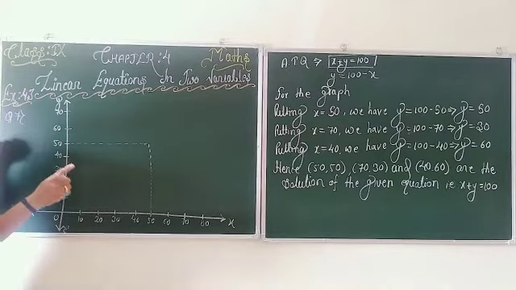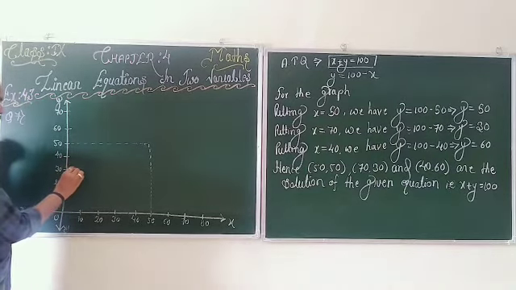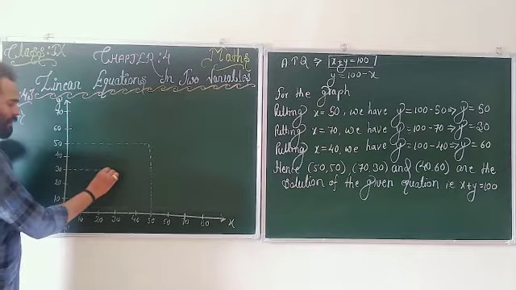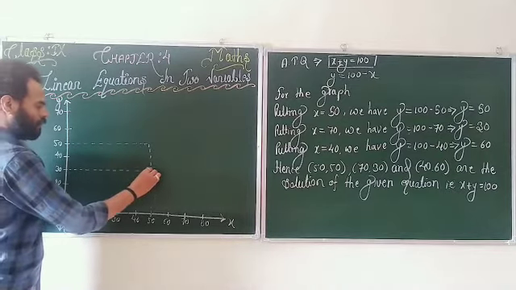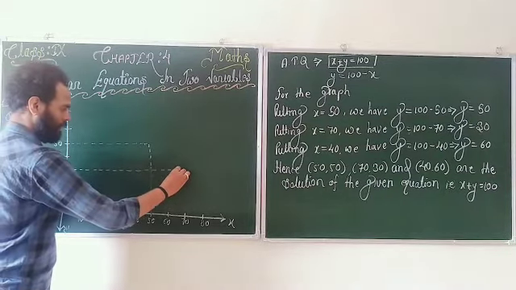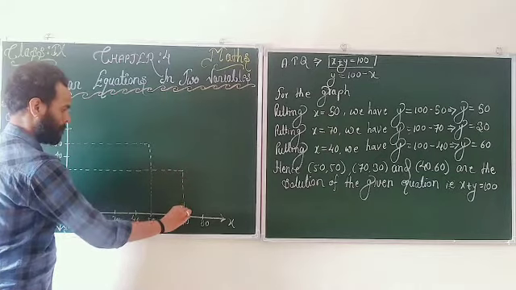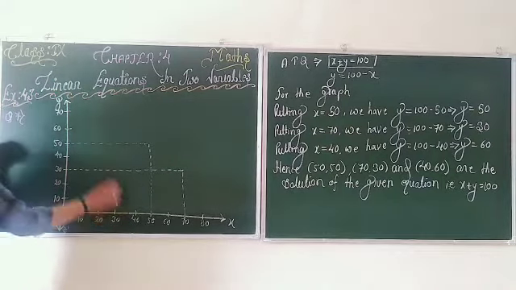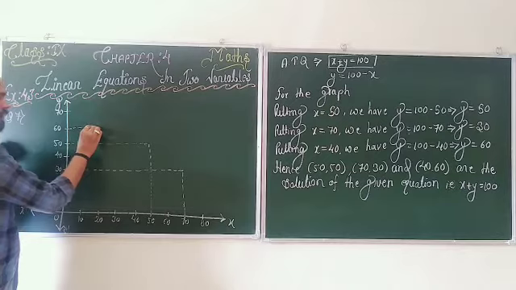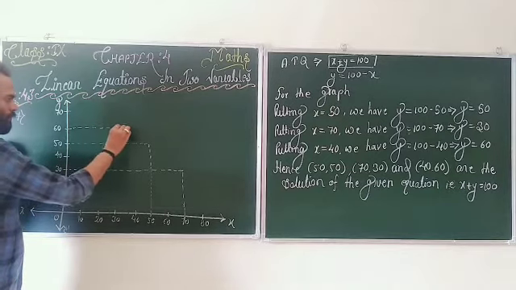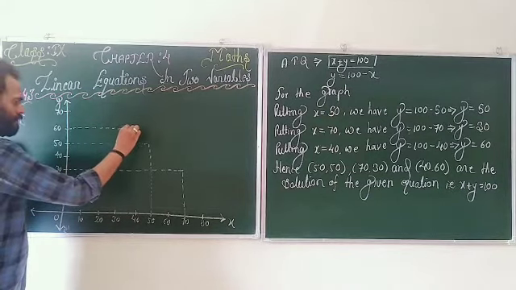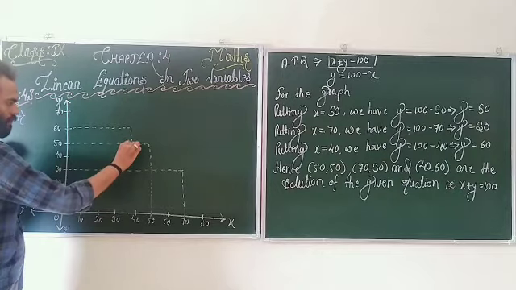If x is 70, y is 30. If x is 40, y is 60.